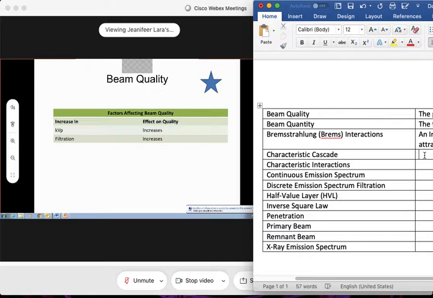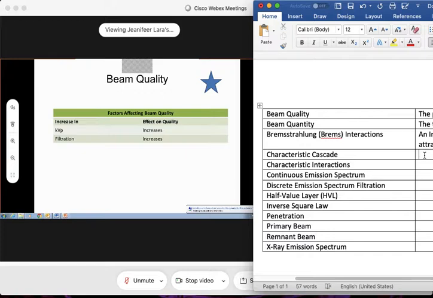Penetration. What is the ability of that photon to go all the way through the patient? Where do we need that photon eventually to land? This is 101. We talked about this in the summer. In the IR. So we're throwing all these photons at the image receptor so that the image receptor can catch them.